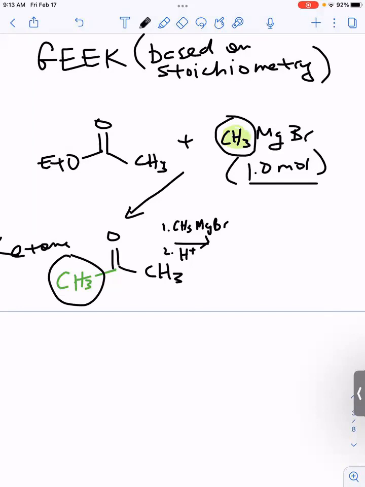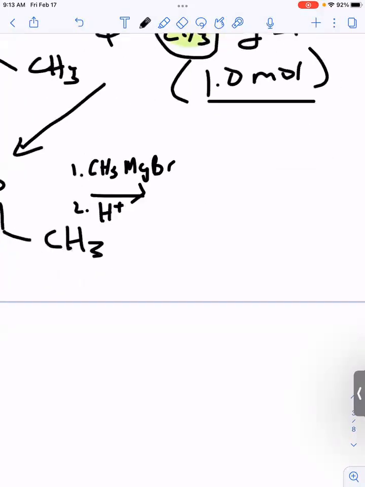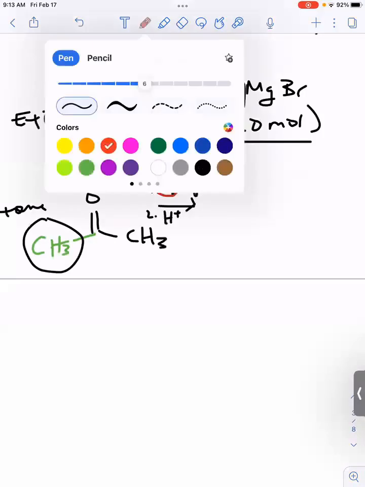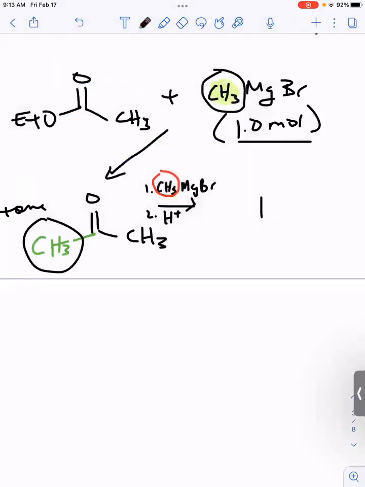This is a standard carbonyl addition, right? So now my product, let me just put the carbonyl in first. I'm going to get that.